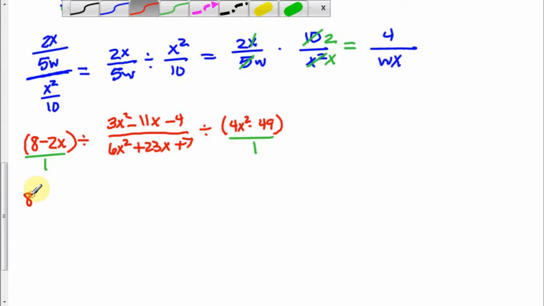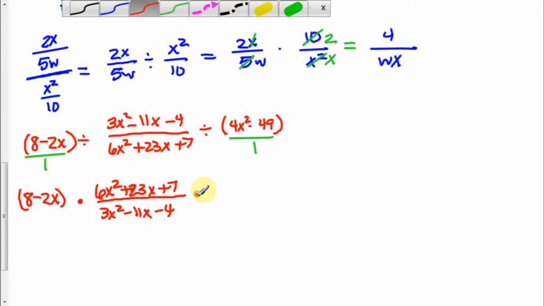We're going to take on this challenge. So 8 minus 2x times, we're going to flip this fraction. I'm not factoring it yet. 6x squared plus 23x plus 7 over 3x squared minus 11x minus 4 times 1 over 4x squared minus 49.